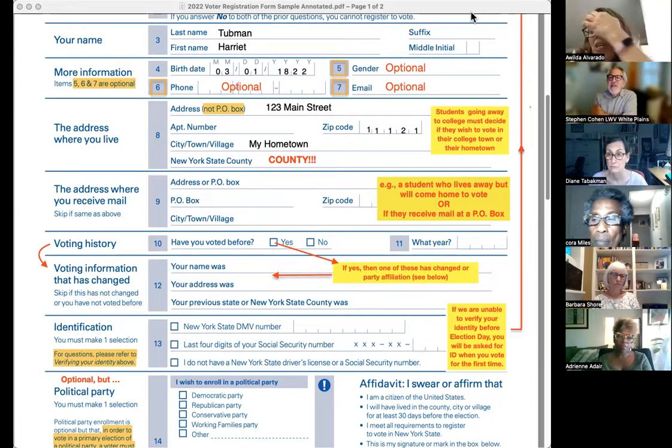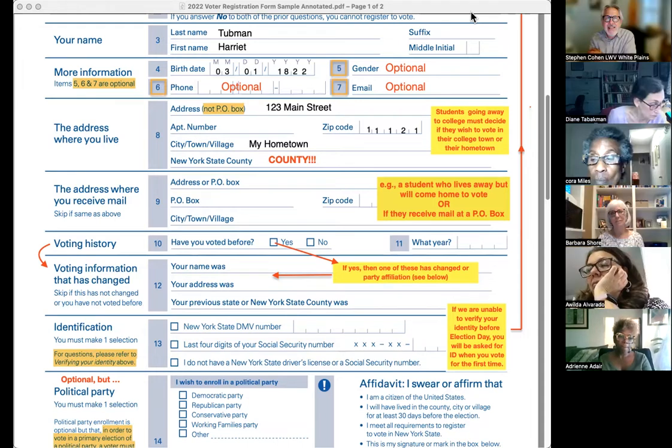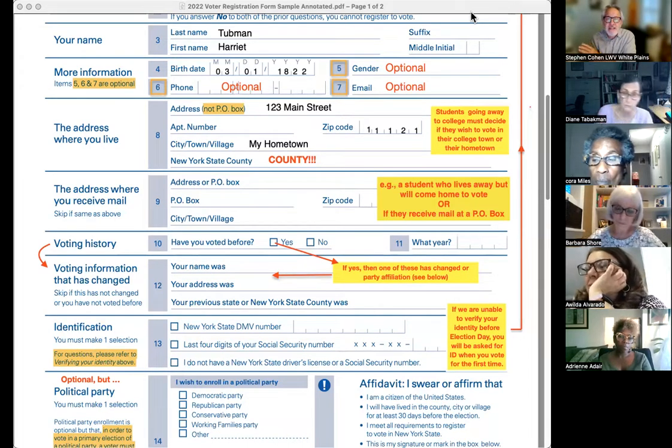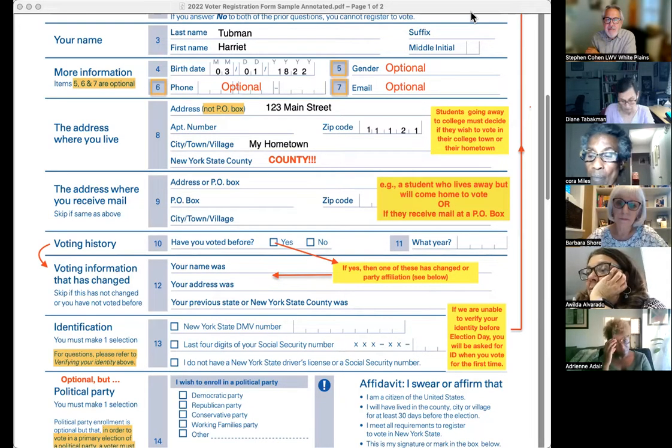The challenge with that, among the many things that occur to me in response, is that there are also deadlines.